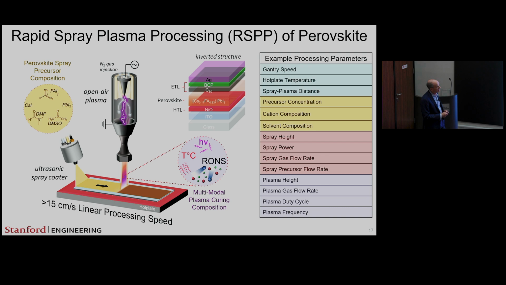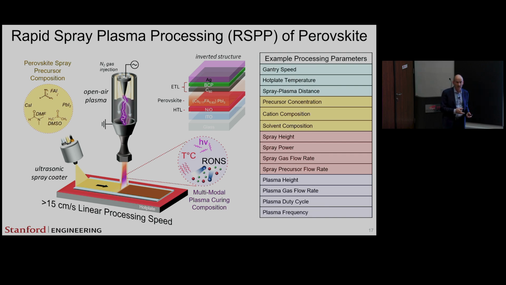So there's lots of processing parameters, as you can imagine. There's gantry speed, heat rate, substrate temperature, spray plasma distance, precursor concentrations, type, solvent, spray height, spray power. This is a wonderful set of parameters. And of course, if you're thinking about it, it's a lovely area to do machine learning.